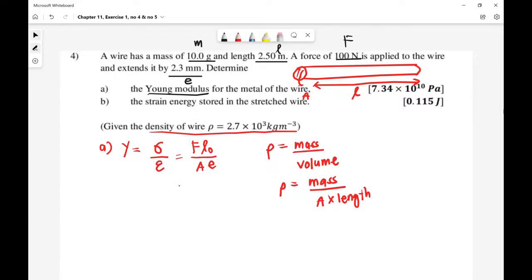Jadi volume adalah sama dengan area times length. So daripada sini kita boleh dapat cross sectional area.